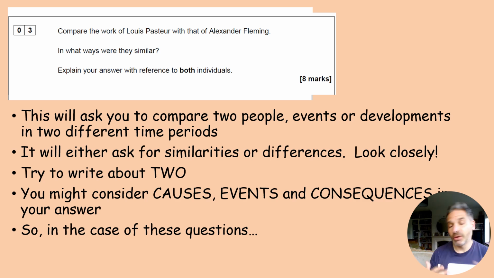And obviously, they both relate to fighting infections as well. So that might be a way to think about that. Again, try to do, if you can, two similarities or differences. And then some judgment as to how far they were similar as well.